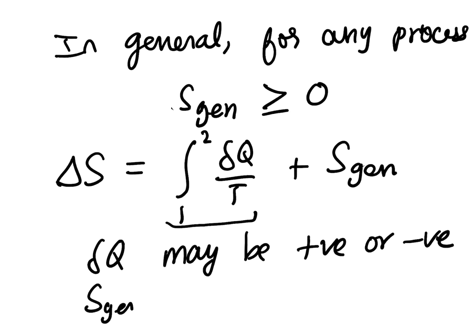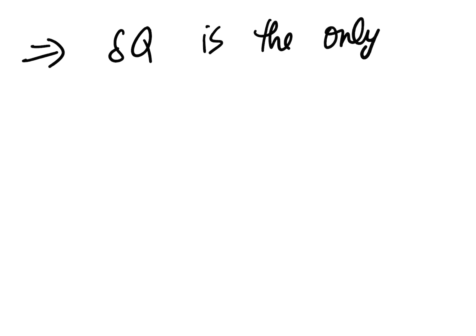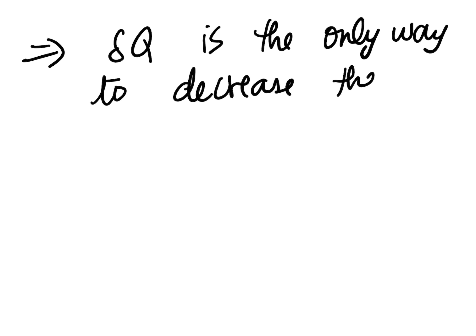S gen, on the other hand, is always 0 or positive, which means heat transfer is the only way to decrease the entropy of a system.